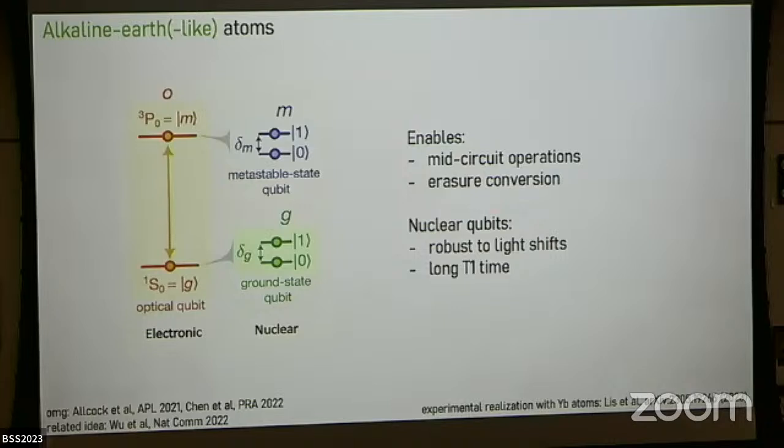Also, as I was saying, these nuclear spin qubits are very interesting for 2 main reasons. The first one is that they're very robust to light shifts.